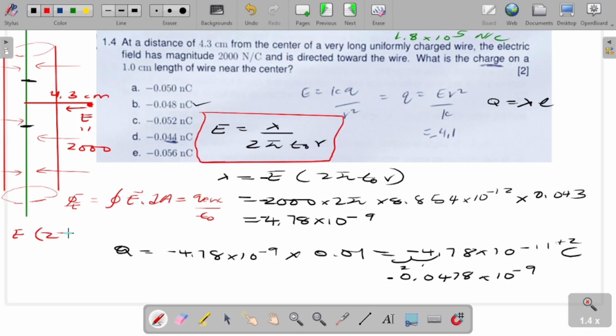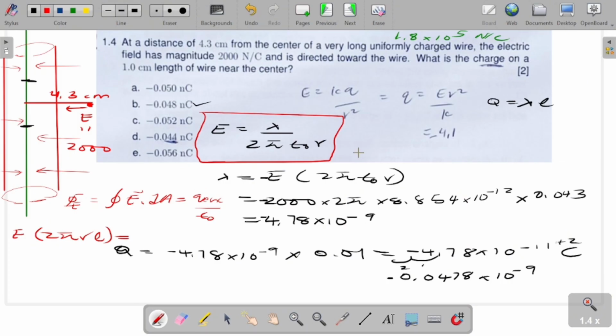So the area will be 2 pi radius for the circular part multiplied by the length of our cylinder, and is equal to the charge enclosed. But we are not enclosing one charge, we are enclosing charge over some length, which is our linear charge.